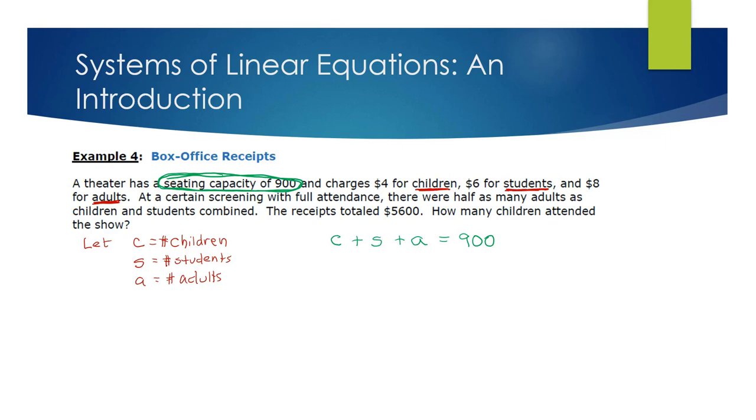The next thing I'm going to be using is that they're giving us the cost for a child seat, the cost for a student seat, and the cost for an adult ticket. I know that the receipts totaled $5,600.